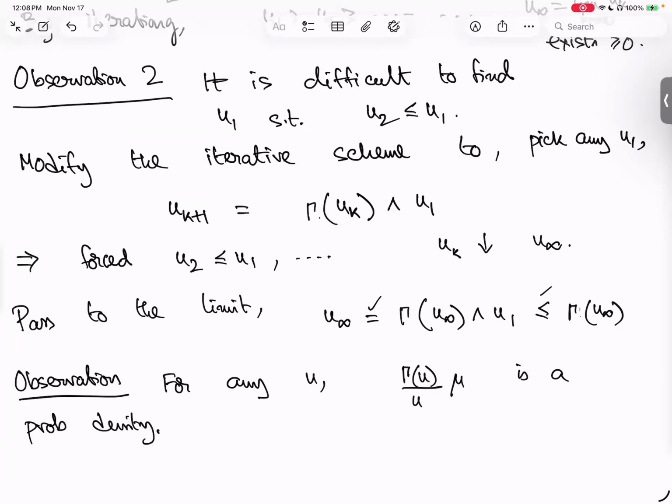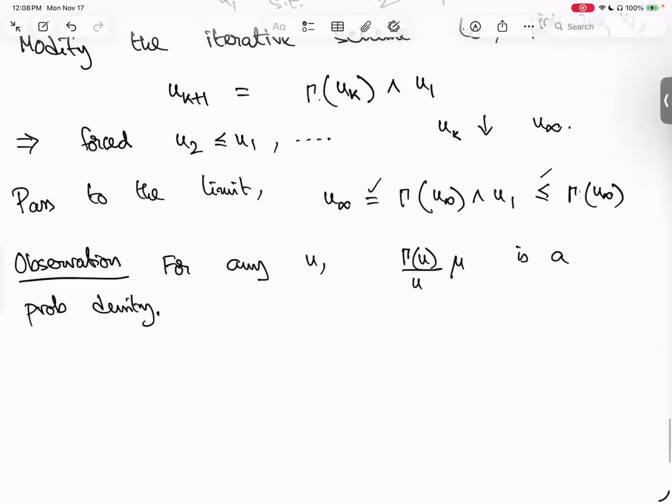Okay, this might come as a surprise, but I'll tell you why you would expect this to happen. This is of course non-negative. What I'm really claiming here is that if I integrate gamma u of x over u of x times mu of x dx, I would get exactly 1.